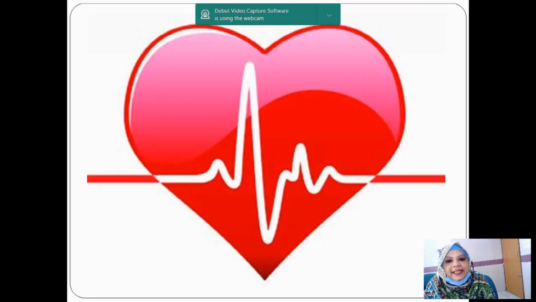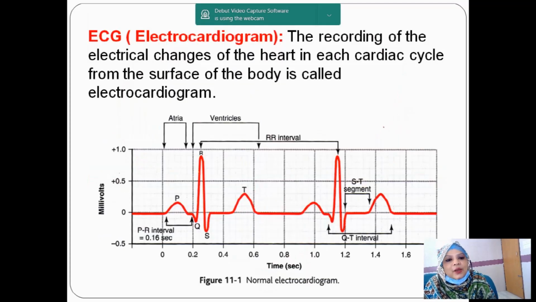Now, ECG. What is ECG? The recording of the electrical changes of the heart in each cardiac cycle from the surface of the body is called an electrocardiogram. I already mentioned in the previous class that two events occur in the cardiac cycle: the electrical event and the mechanical event.